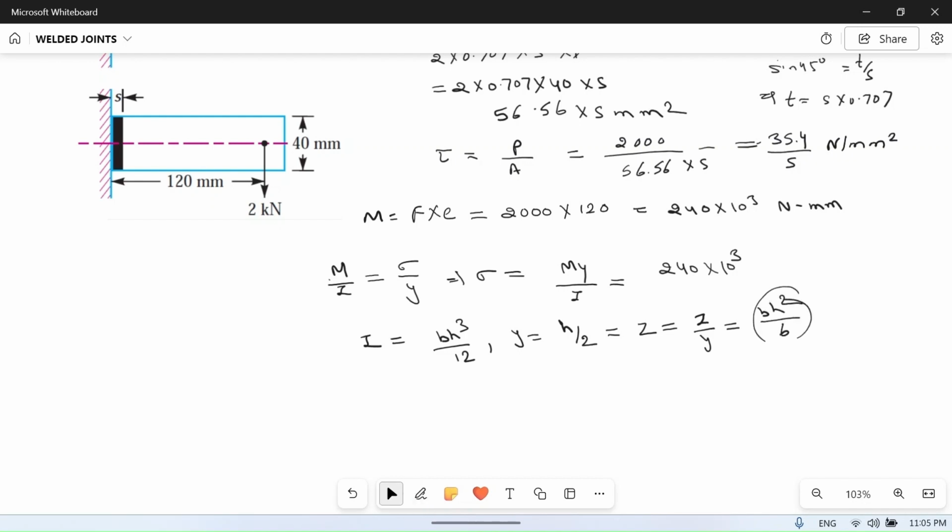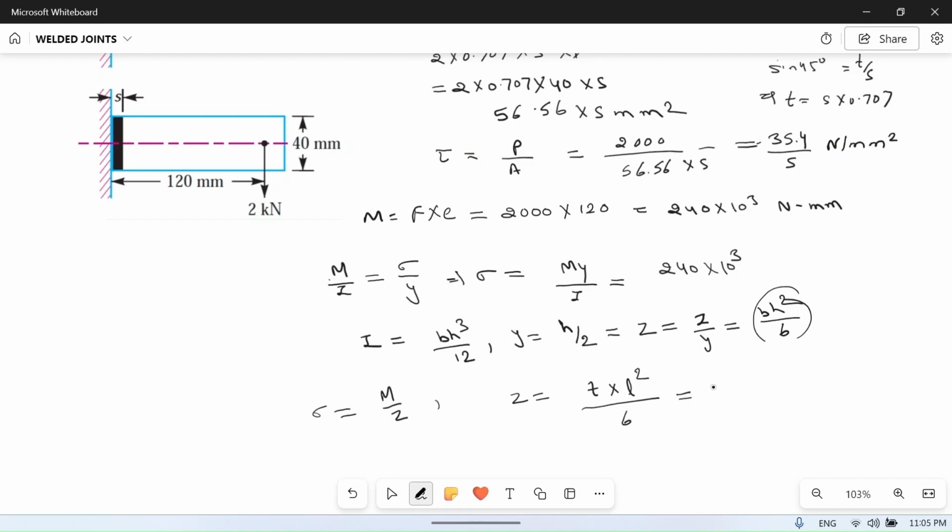So if you put this value here, sigma will be equal to M upon Z. Z will be equal to BH square by 6. In this case width will be equal to throat, because at that point the joint will be weakest. So T into H, where H is the length of the weld, L square by 6.